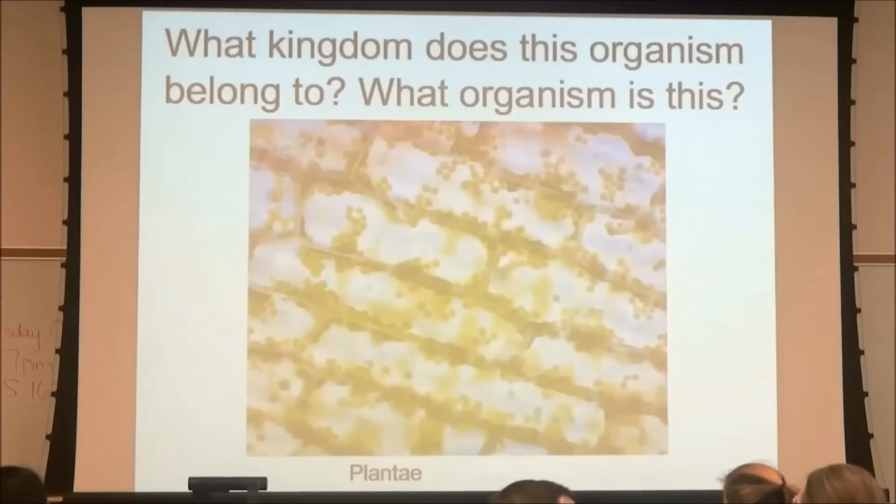Because of the shape. It's rectangular, right? The chloroplasts. Very good. It's rectangular and you have chloroplasts. So it is the Elodea. You guys can take your photos. It is the Elodea leaf.